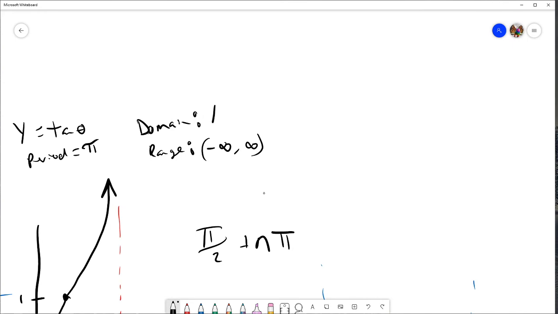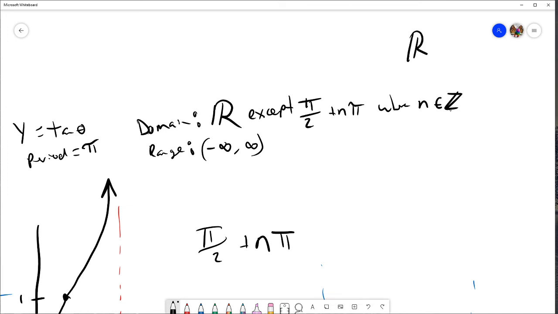So our domain is going to be all real numbers except our asymptotes, which are at pi over 2 plus n pi, where n is an integer. So what this is saying is n is an element of the integers.